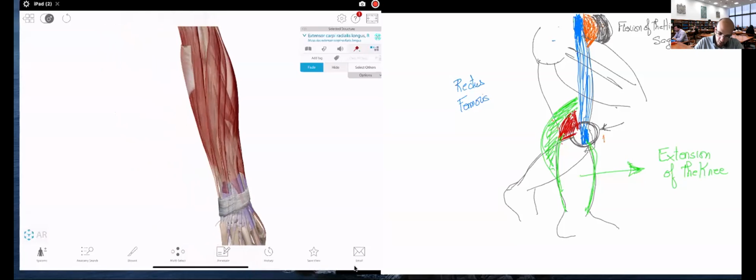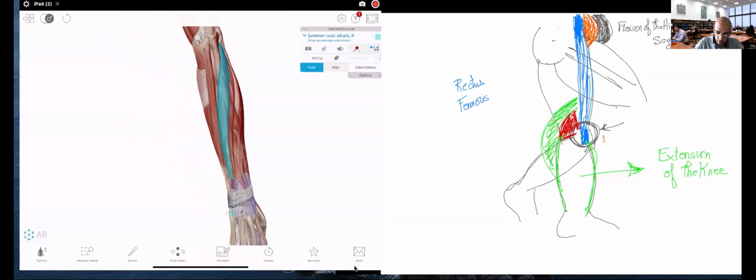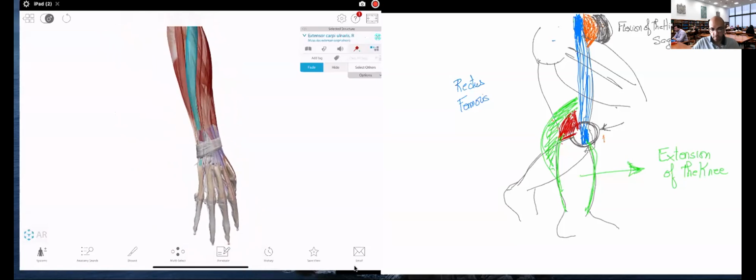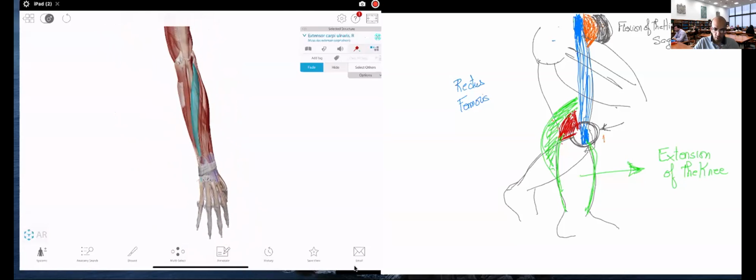Can you remind me of the name of this muscle here? First, am I located in the anterior or posterior aspect of the forearm? If you're looking here, you remember the olecranon process.